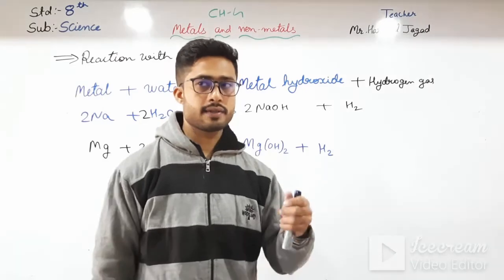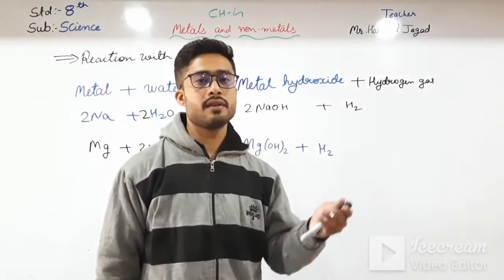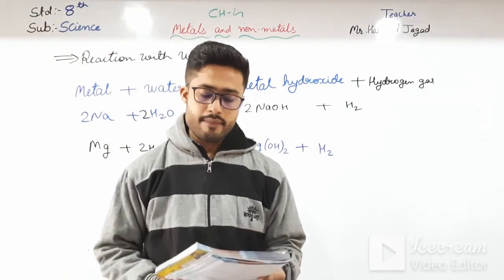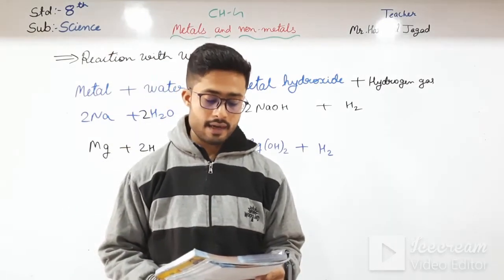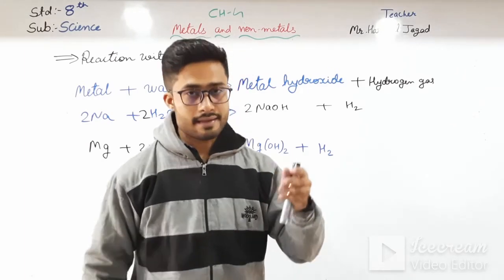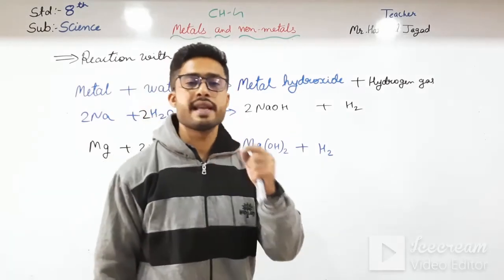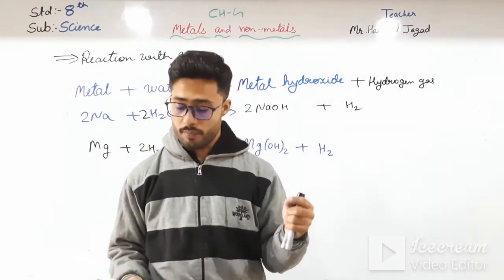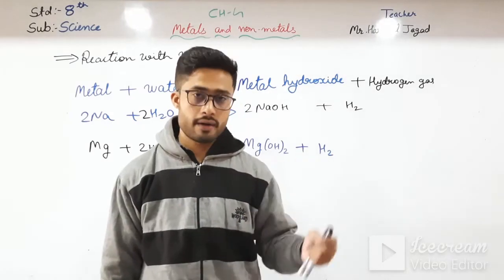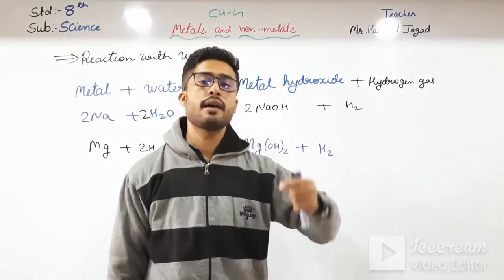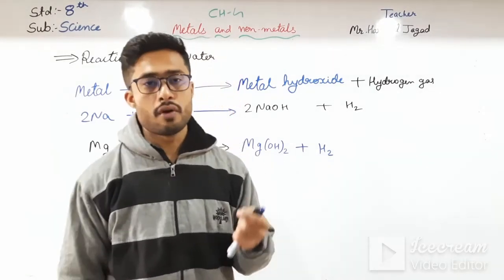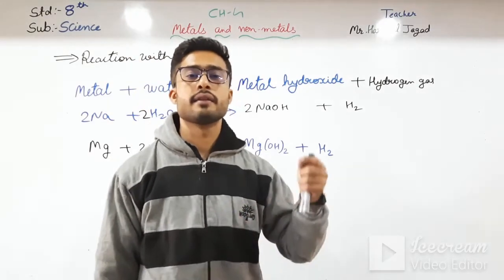Metals such as copper, silver and gold do not react with water under any condition. Means there are some metals which do not react with water, which are copper, silver and gold. They don't react with water and don't form metal hydroxide.